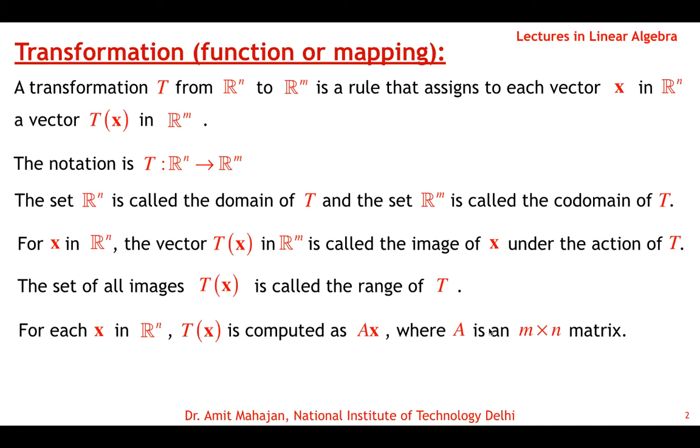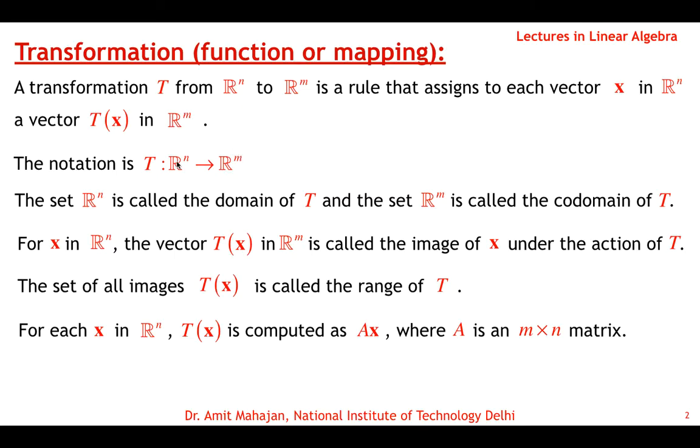You can easily see why, because x vectors are coming from Rn, so the x vector has n elements. To have this multiplication of matrix with vector, A has to be m cross n, so that the n columns of A are multiplied with the n rows of x to generate a column vector of exactly m elements, so that the transformed vector belongs to Rm space.